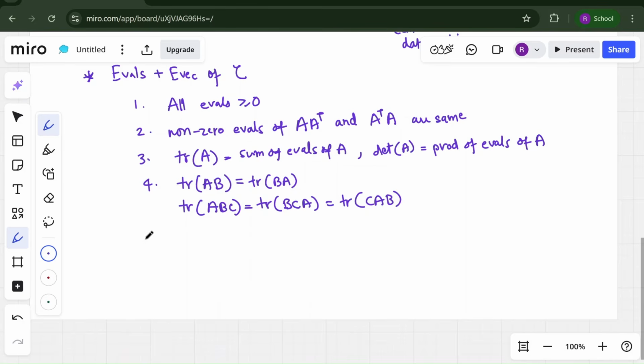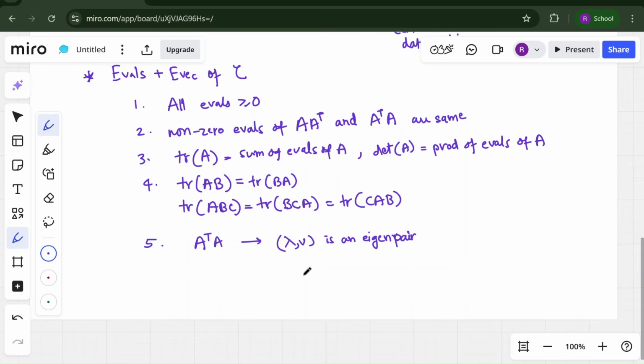Okay, what else do we have? One more important property is that if, let's say, A transpose A has an eigenpair lambda comma v, what do I mean by an eigenpair? I mean lambda is an eigenvalue corresponding to the eigenvector v.